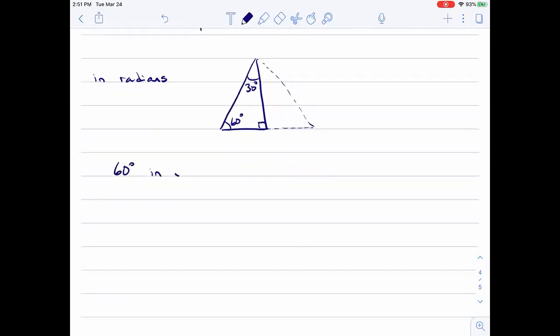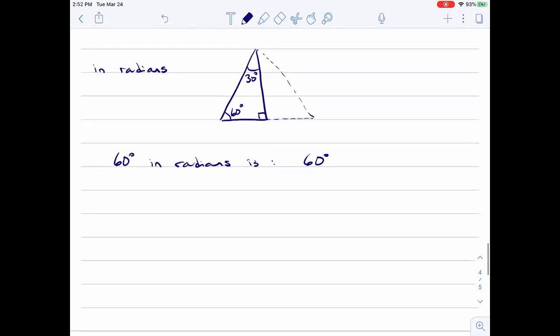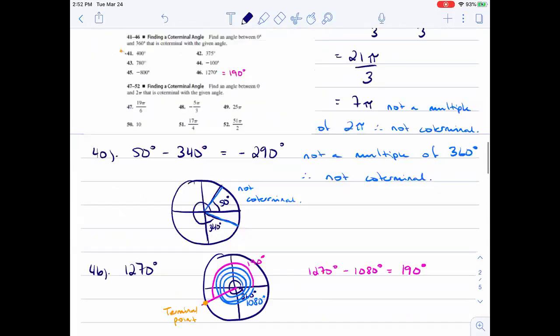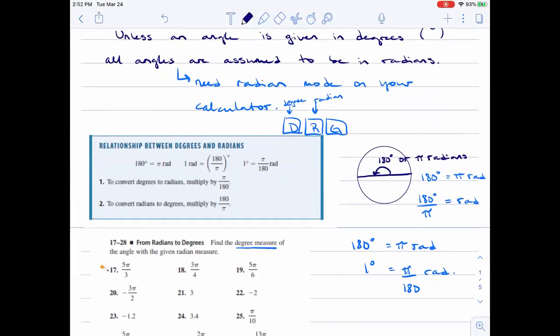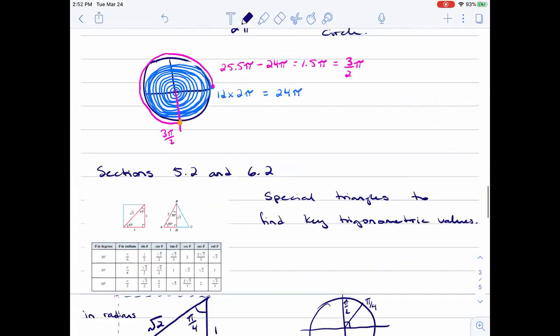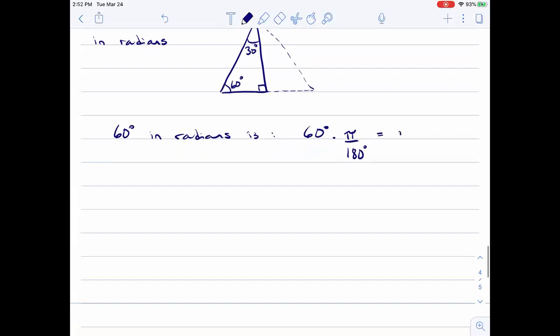60 degrees in radians is, if we want to convert it to radians, remember, to convert degrees to radians, multiply by pi over 180. So 60 degrees times pi over 180 degrees is 60 divided by 180, which is pi over 3 radians.